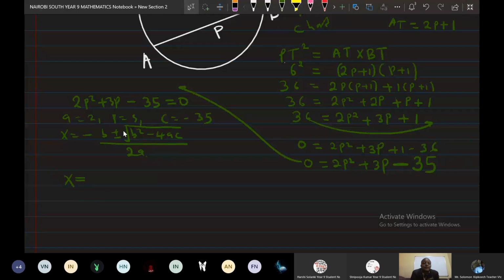Negative b, so negative 3, plus or minus square root of 3 squared. We are replacing every value there. Negative 3 plus or minus square root of 3 squared minus 4 times 2 times negative 35.